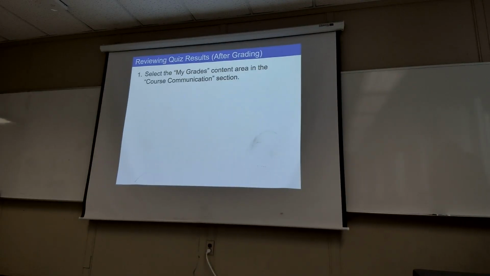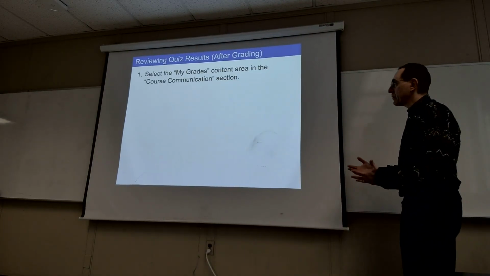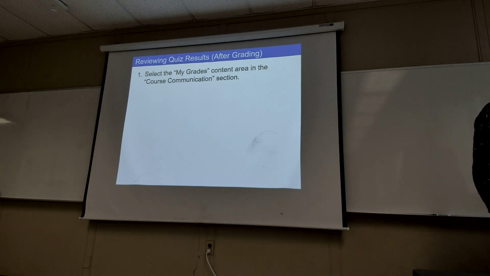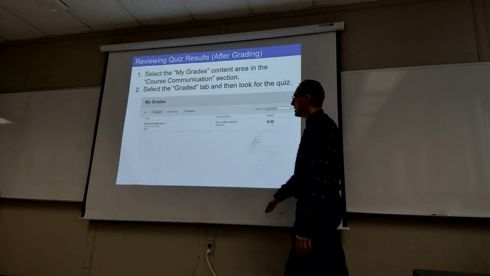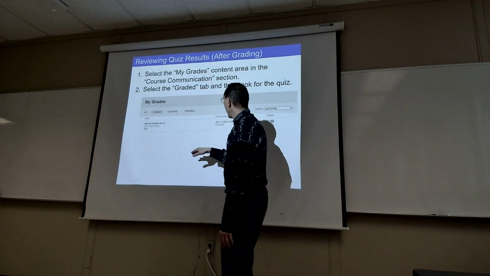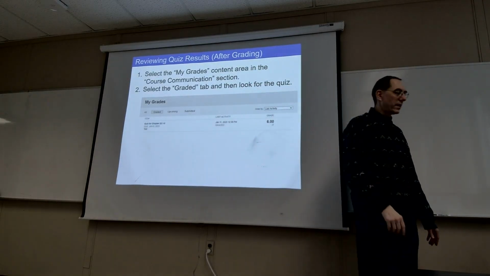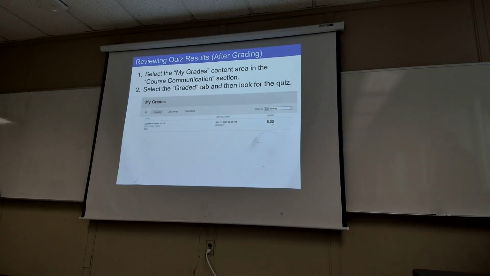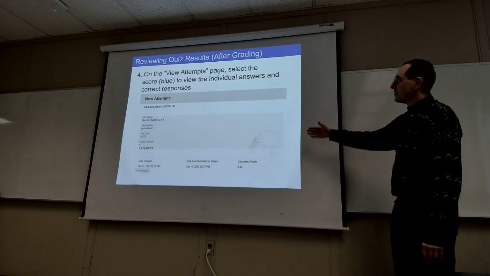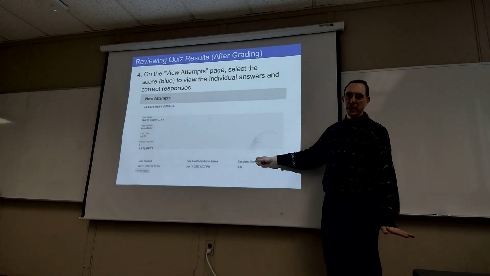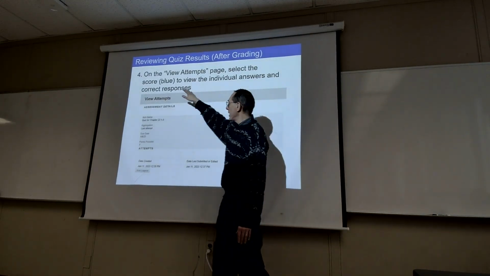I just want to briefly talk about reviewing quiz results. Sometimes students ask me, how do I see the results of my quiz? Here's how you do it. You go to My Grades in Blackboard, and then you look in the Graded tab, and you look for the quiz. In this particular example, here's the quiz. You'll note that the quiz is hyperlinked, so it's a blue color. You can click on that hyperlink, and that will take you to the View Attempts page. This is more complicated than it should be in Blackboard. But anyway, here are the various attempts.